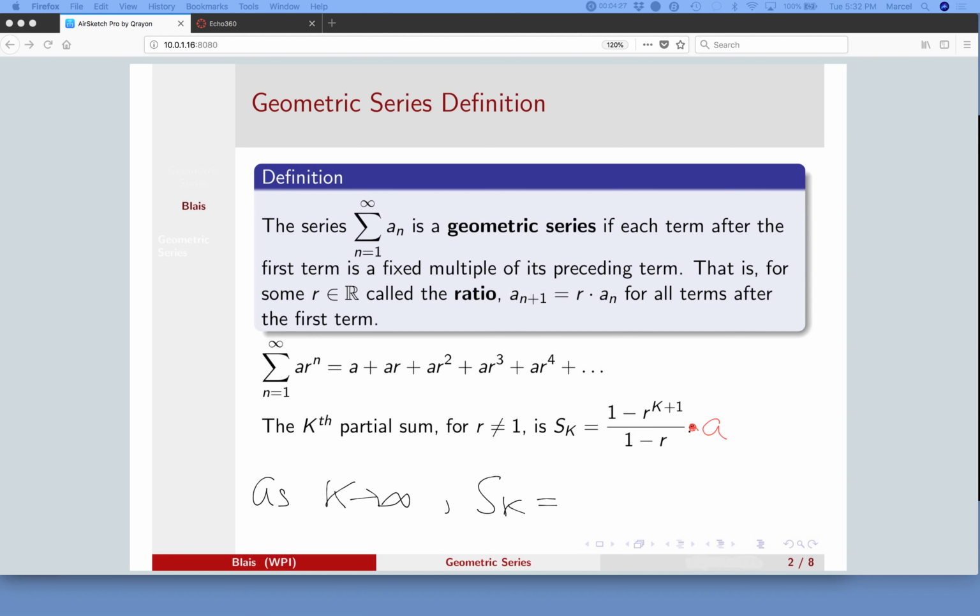So as k is going to infinity, s sub k is approaching a over 1 minus r for absolute value of r less than 1. And that is the main result for geometric series.